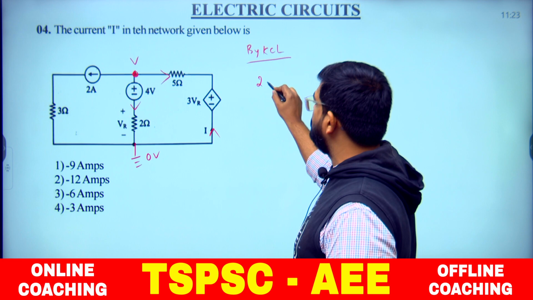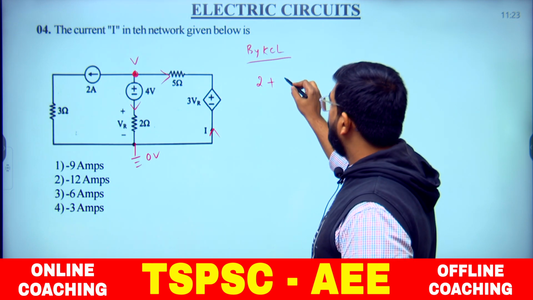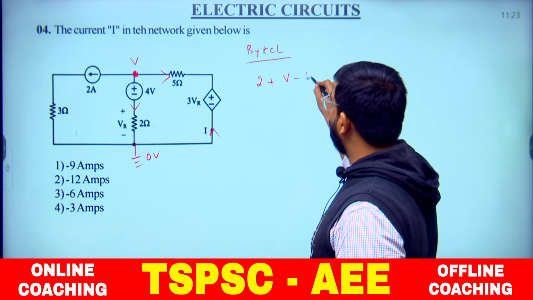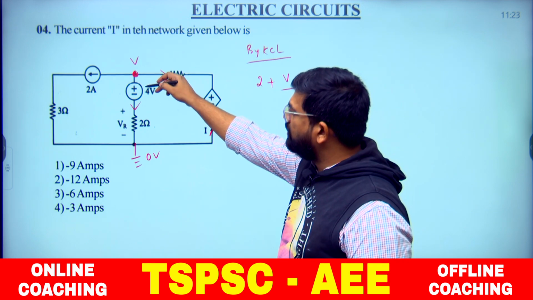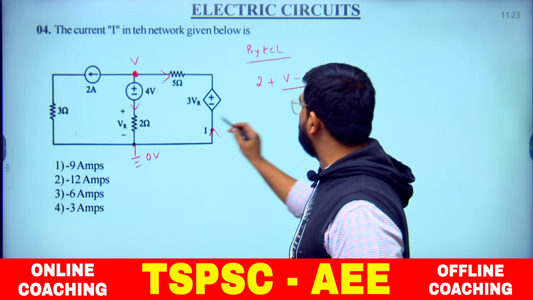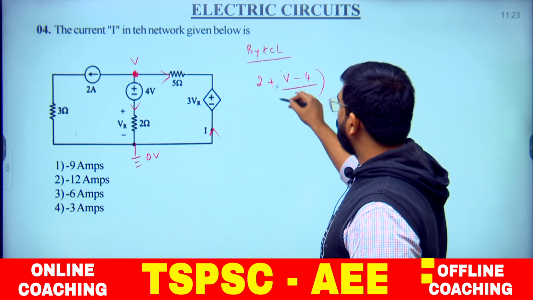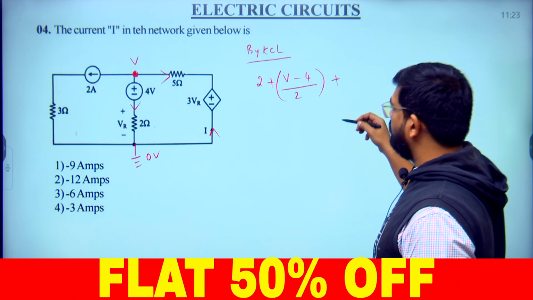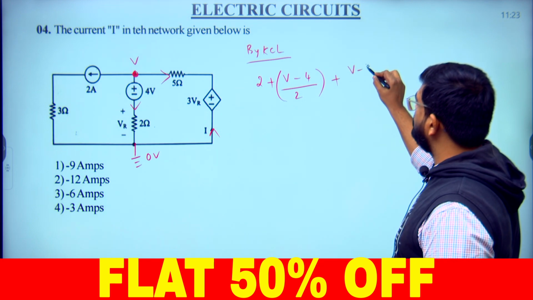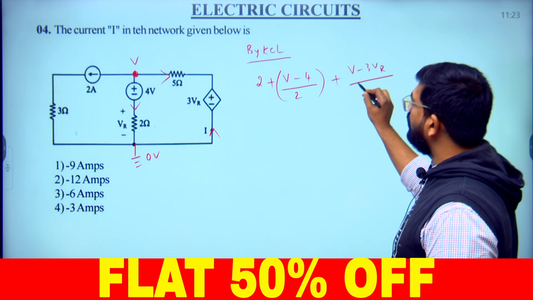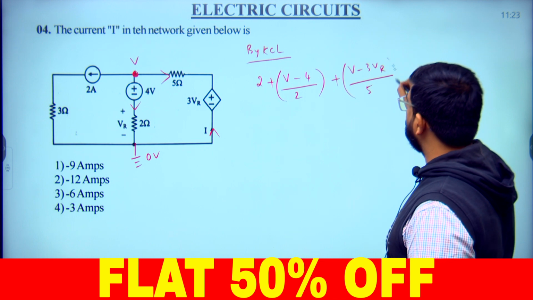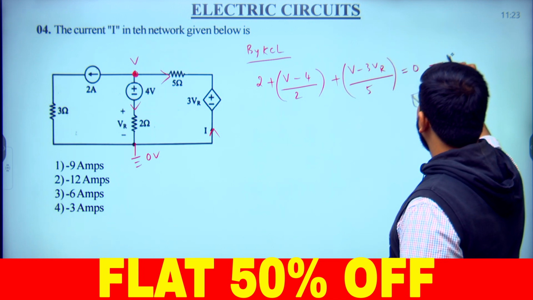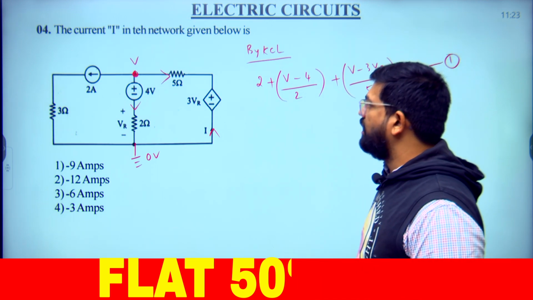So 2 plus (V minus 4) by 2 ohms, the voltage source branch, and here the current flowing from V to 3 VR we are assuming, so (V minus 3 VR) by the branch resistance 5. This is one equation, if you write KCL.